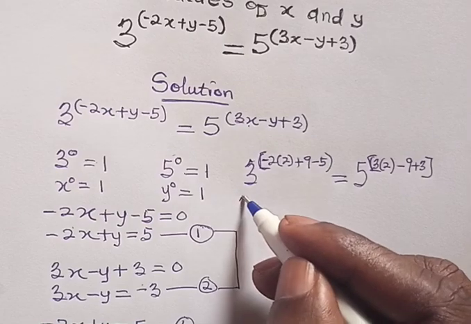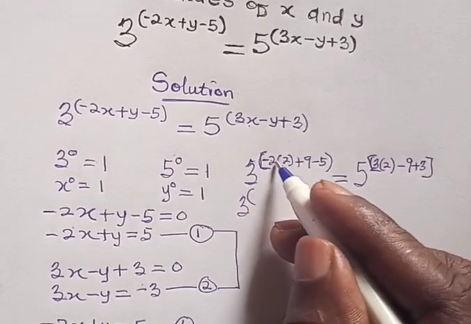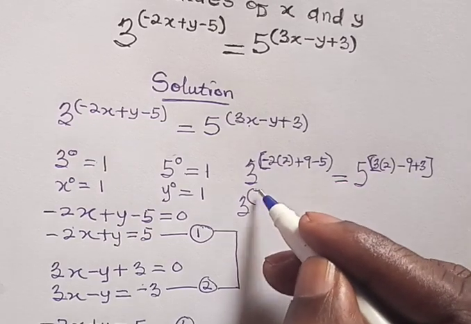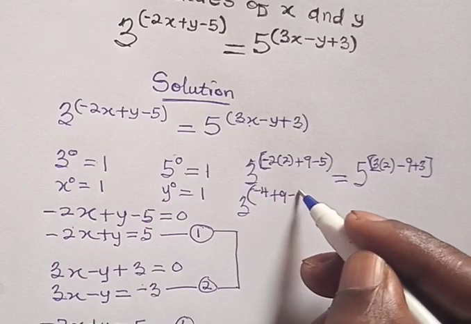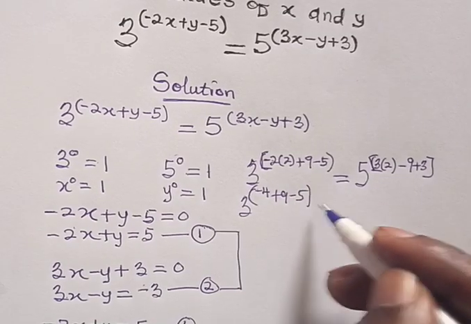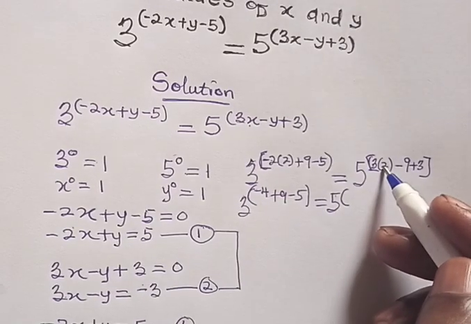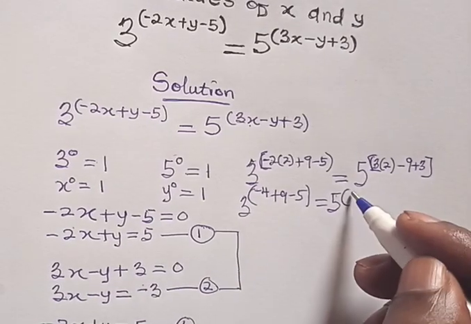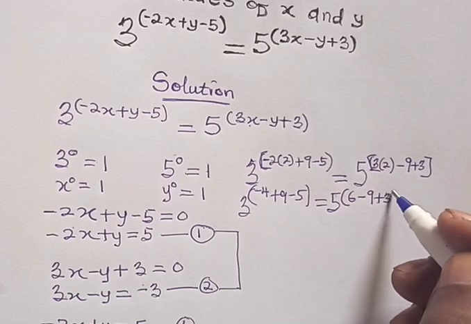Okay, so 3 exponent. So this is negative 2 times 2 gives us negative 4, plus 9 minus 5, which is equal to, so 3 times 2 gives us 6, minus 9 plus 3.